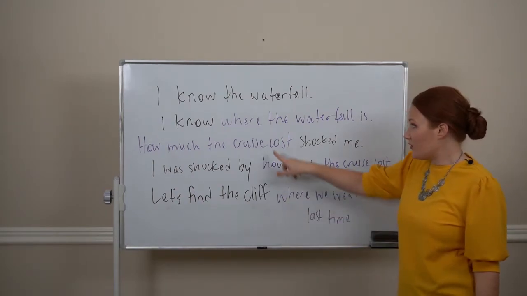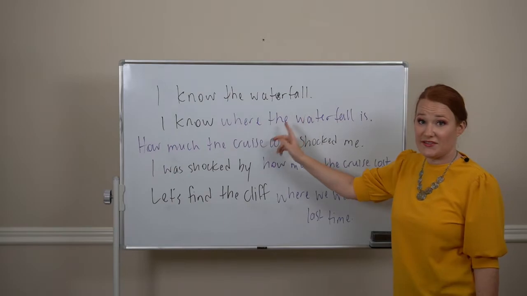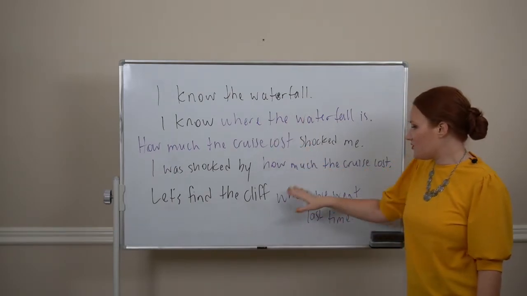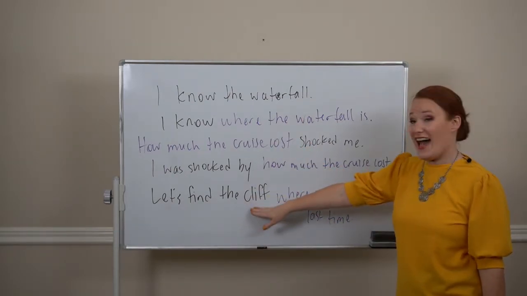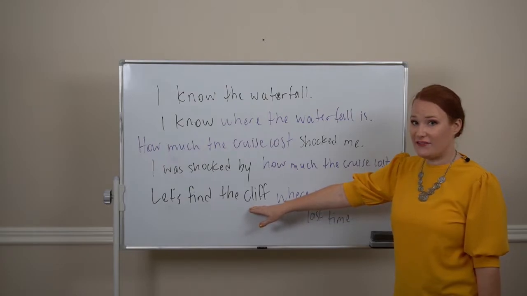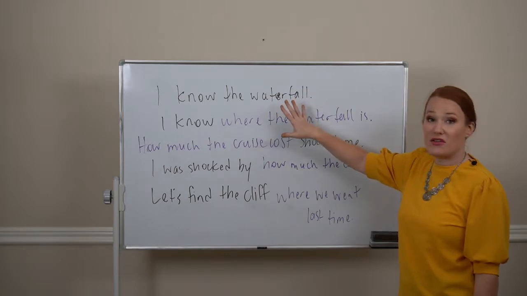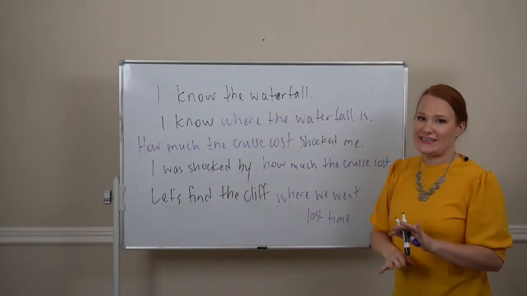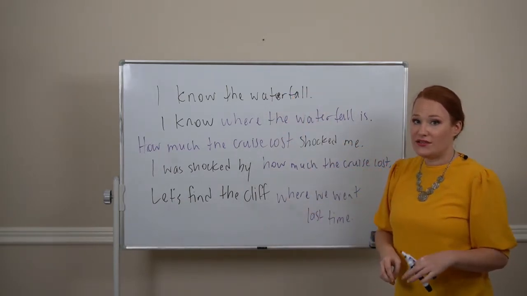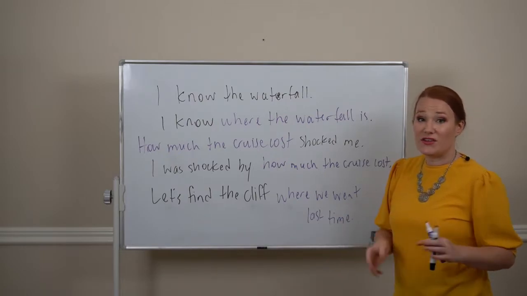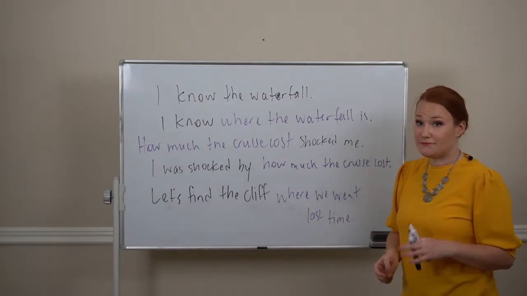It also starts with where, so it looks kind of like this noun clause. But this relative clause comes after this noun, cliff, and it's describing the noun. Our noun clauses are replacing nouns. So they might look similar, but they're used in really different ways.